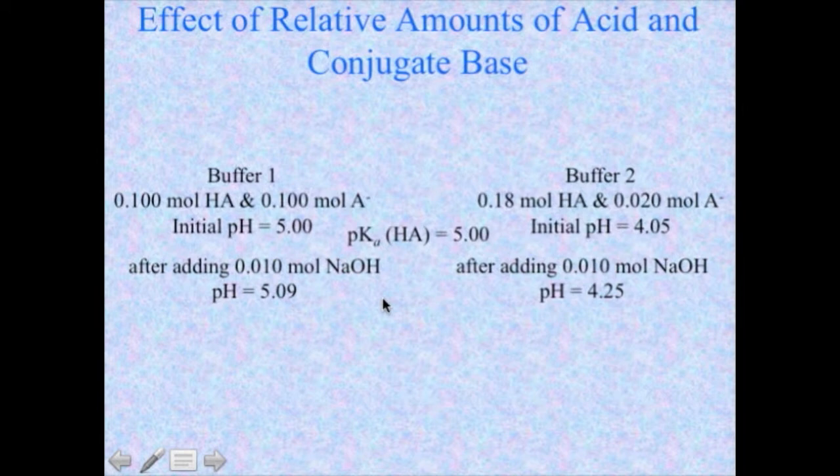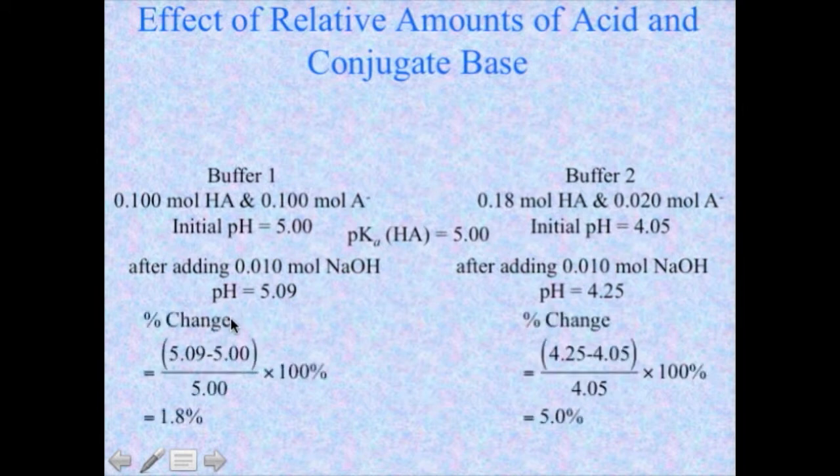So there are my new pH values. The percent change for buffer 1 is 5.09 minus 5 divided by 5 times 100%, or a change of 1.8%. In buffer 2, the change is 4.25 minus 4.05 divided by 4.05 times 100%, or a 5% change.